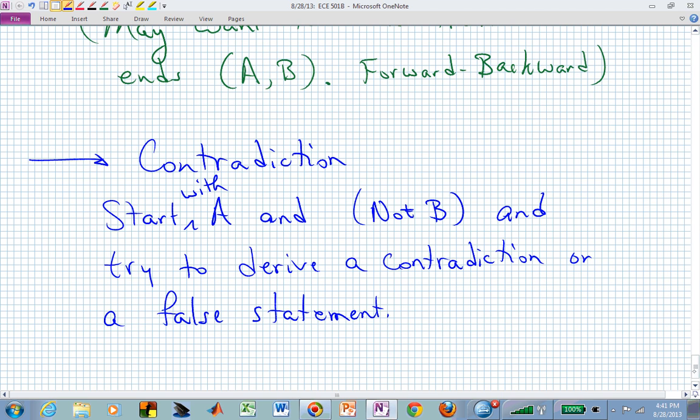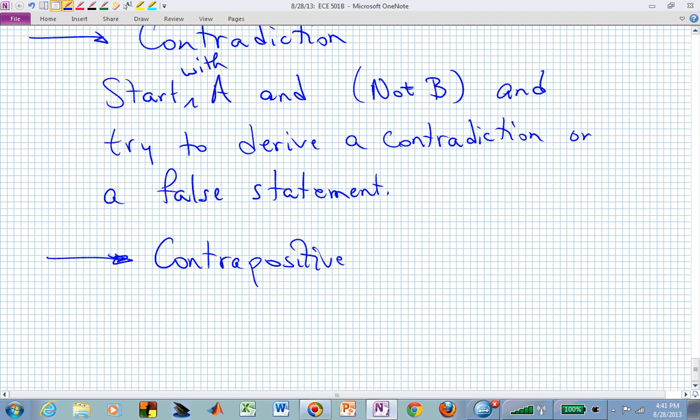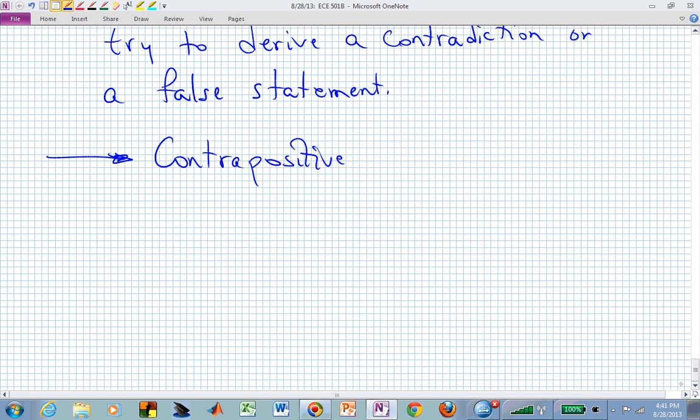What's another proof technique? A proof technique called the contrapositive. That's a big word. You can go home and impress your friends with contrapositive. What does that mean? Well, now you're working in contrast to the positive direction.